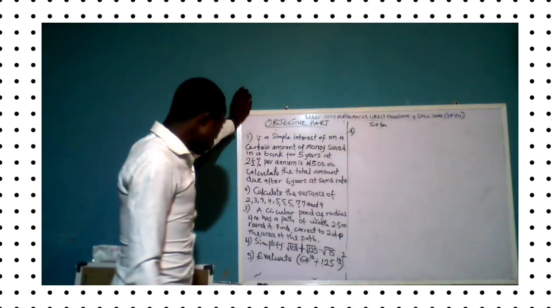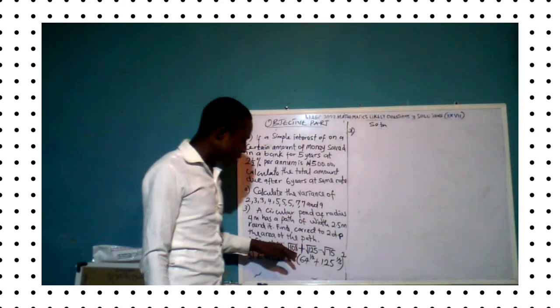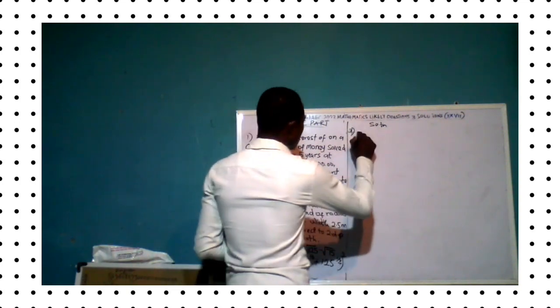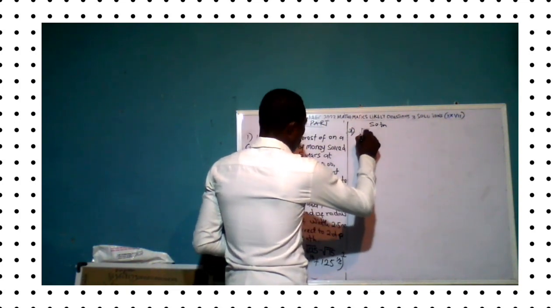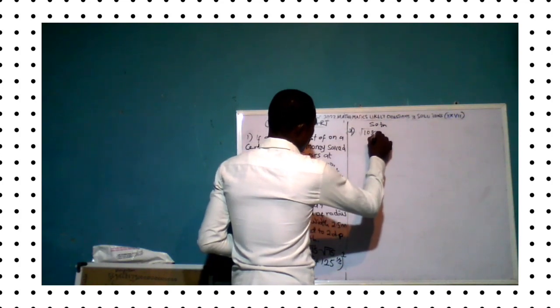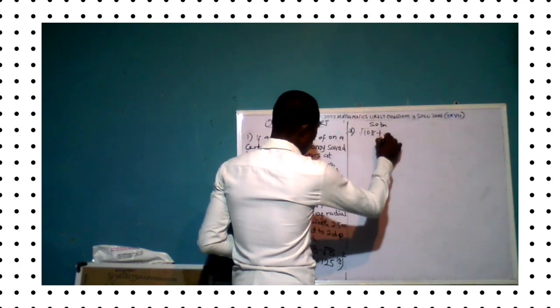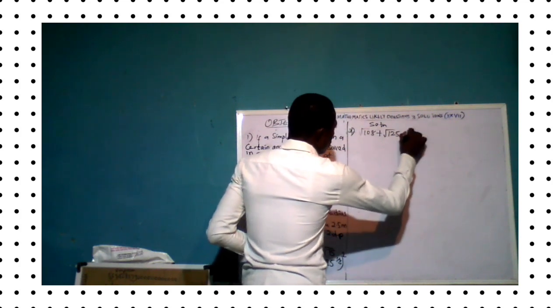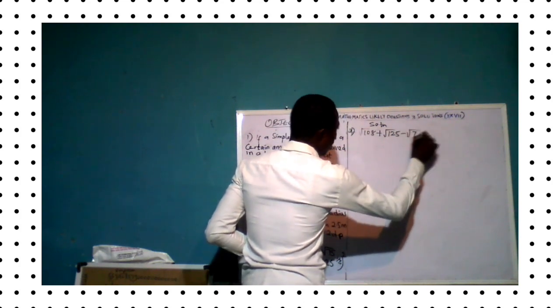Yeah, let's take a look at question number 4. We have to simplify these irrational values. So you have root 108, plus root 125 minus square root of 75.